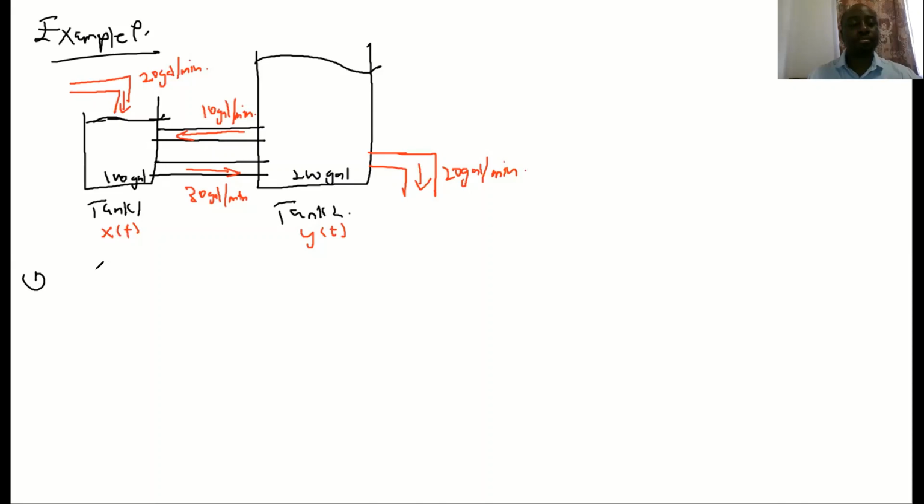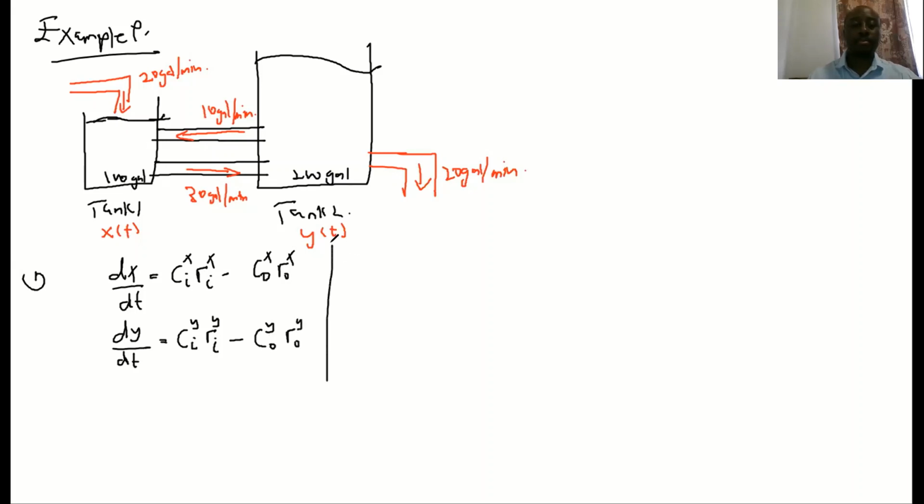And so, just like we did before, the change in the brine in tank 1 will be an inflow concentration times an inflow rate minus an outflow concentration times an outflow rate. And the same thing for y.